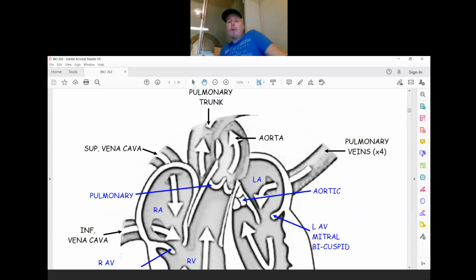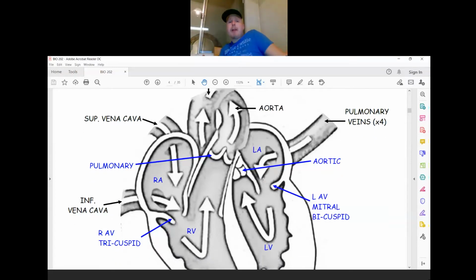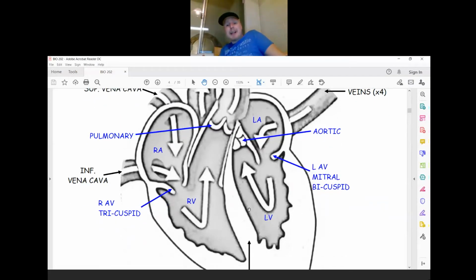And there are going to be 4 openings, 4 pulmonary veins that open to the left atrium. And the blood flows from left atrium to left ventricle, again through a valve, so the left AV valve, also known as the mitral valve, also known as bicuspid. We saw that earlier. And if you look at this diagram, the left ventricle really has the thickest muscle wall around it.